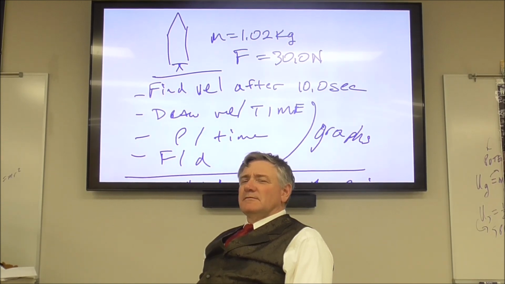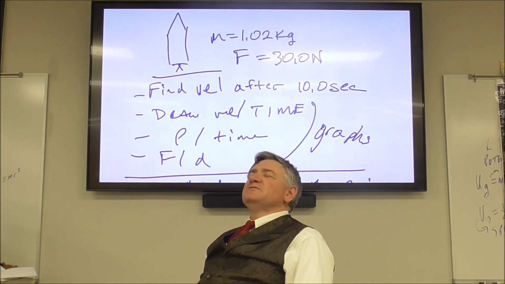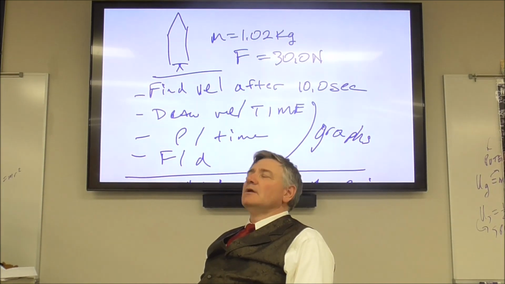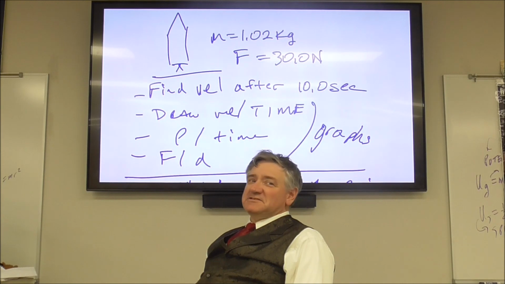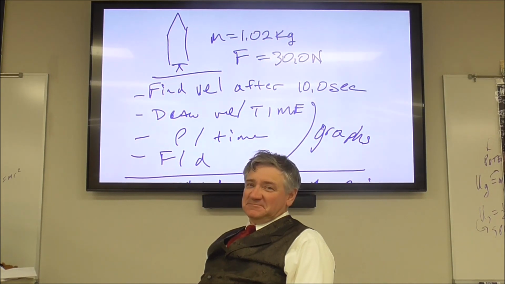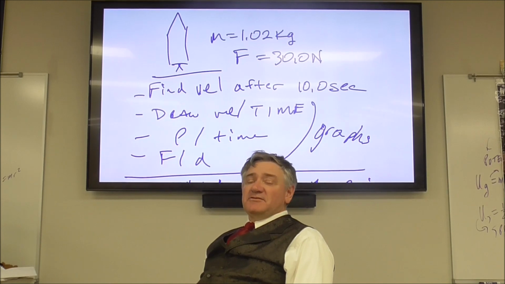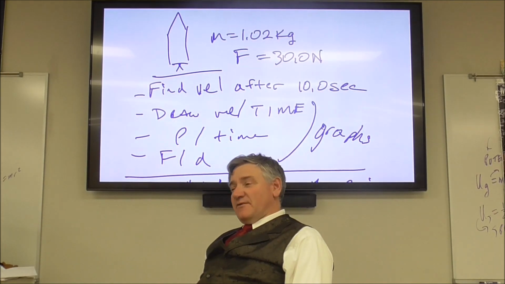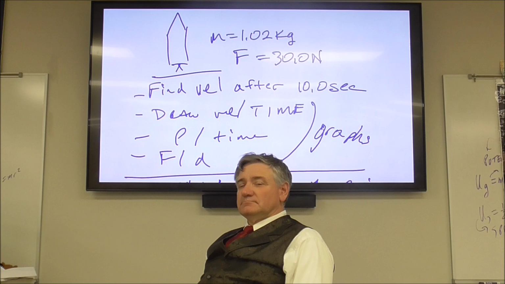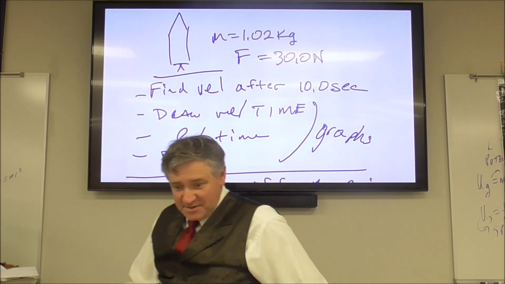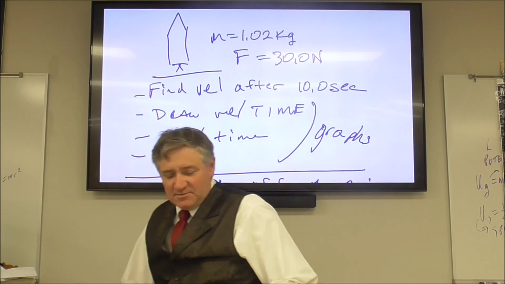That's your applied force, the force upwards, and then you subtract the force of gravity, since you're launching this rocket straight up from Earth. You've got to pay off the gravity mafia. So how much do you have to pay? 9.8 times 1.02, like 10 newtons. Yeah, like 10 newtons. That's why I specifically chose 1.02 kilograms.